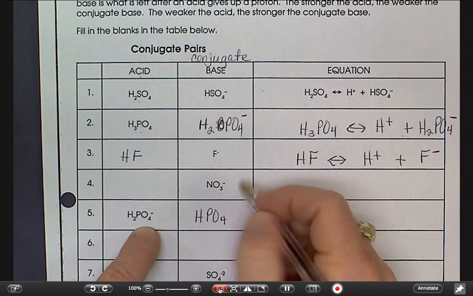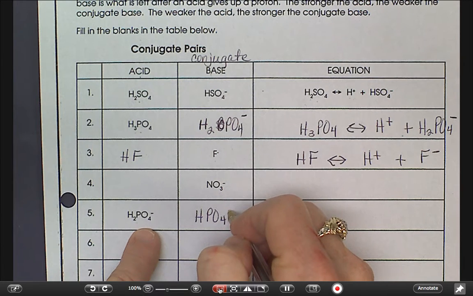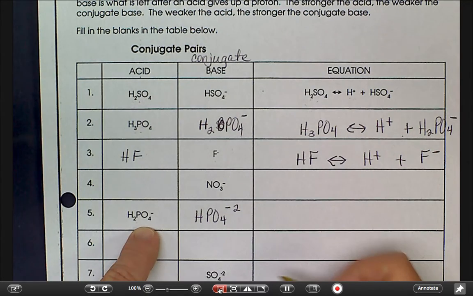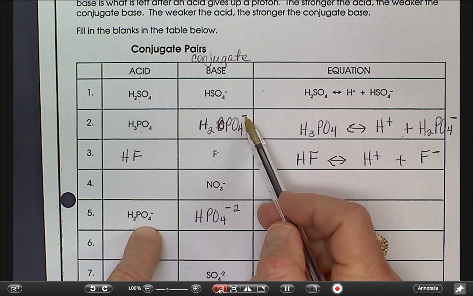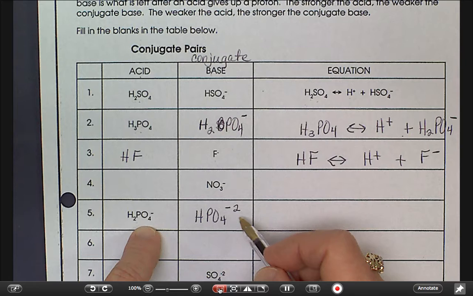HPO4. Now, what's the new charge? No. What's the new negative charge over here? You lost another positive H. Negative 2. See, this one was negative 1, wasn't it? Now you lost another one, and it makes this one.